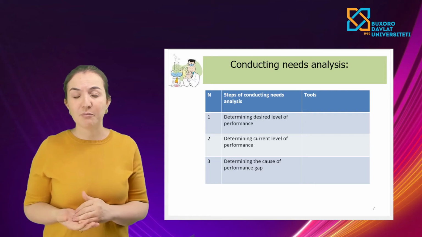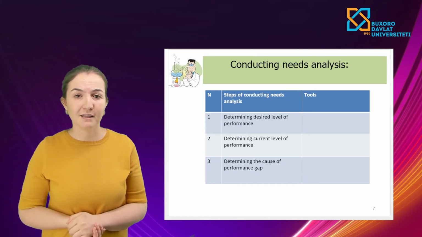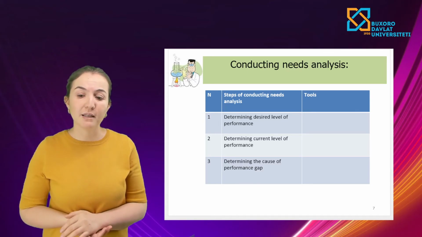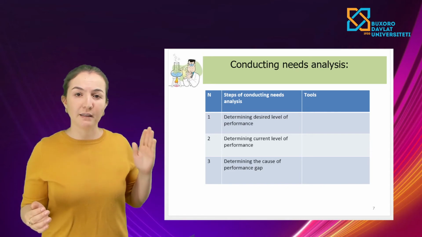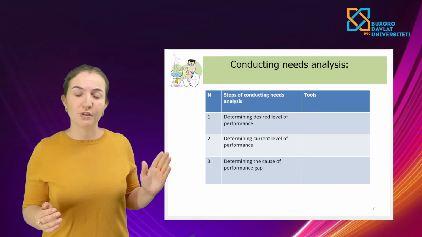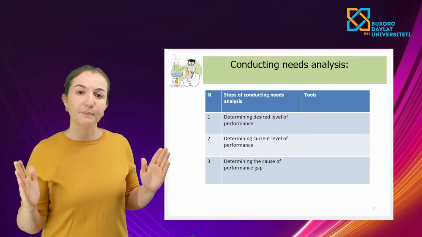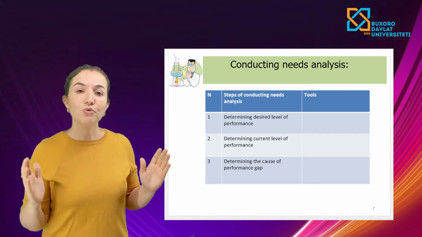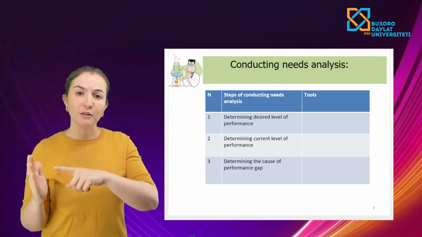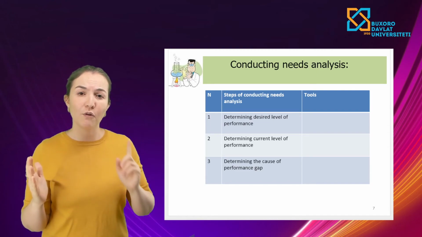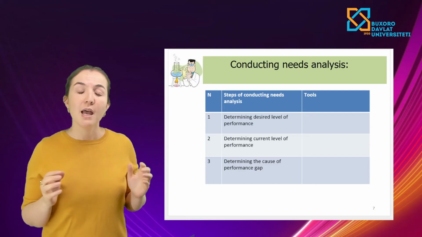And the last but most important part of conducting needs analysis is determining the cause of the performance gap. Once you have identified the current level and the desired level of learners' performance, you should identify what the gap is and what the reason for that gap in their knowledge is.